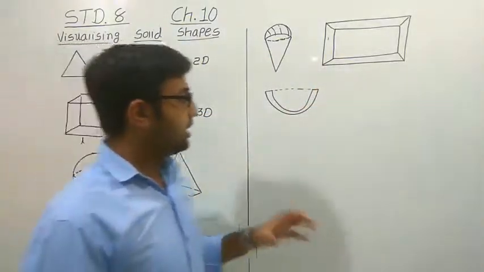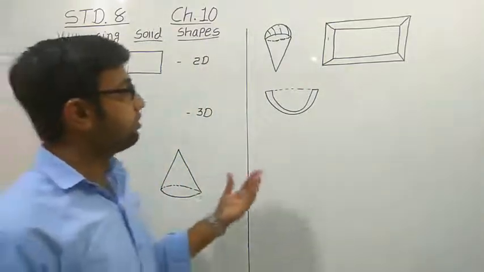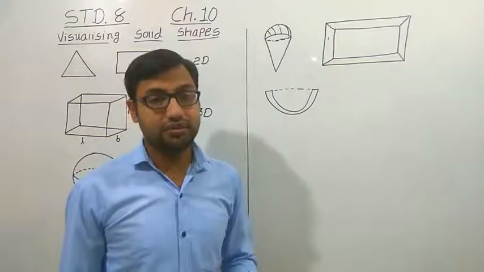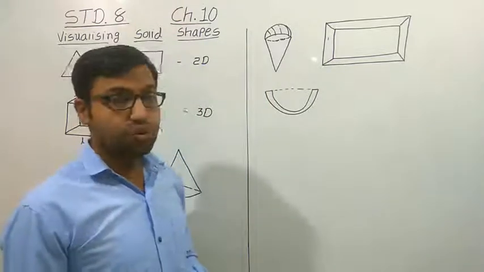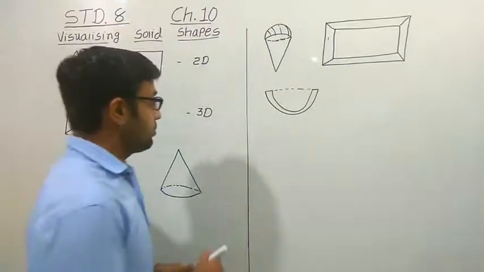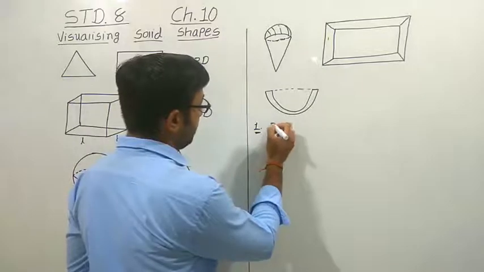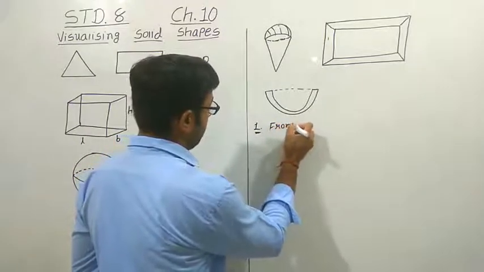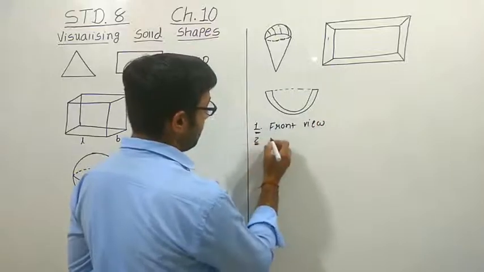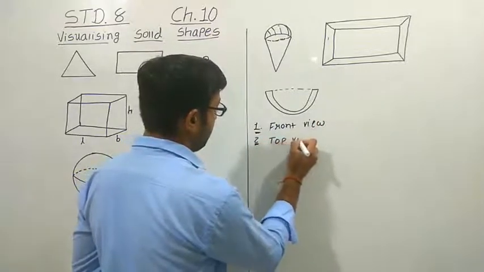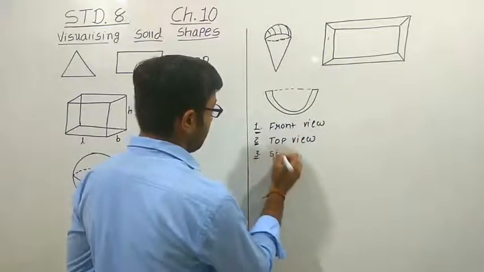Okay. Now we have to observe these solid shapes. There are basically three kinds of views to observe solid shapes. The first view is called the front view, the second kind of view is called the top view, and the third is called the side view.